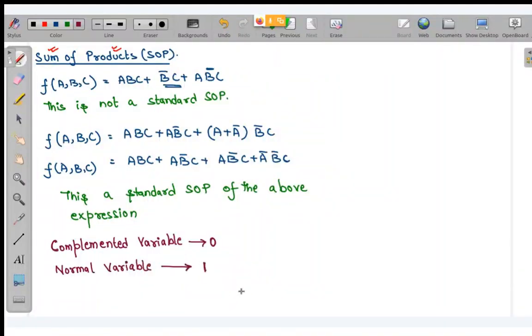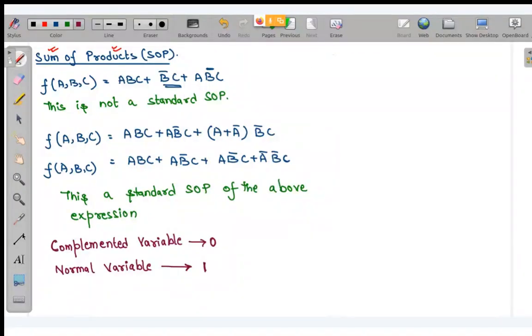Here we have three variables A, B, C. So look very carefully at the corresponding SOP for this.